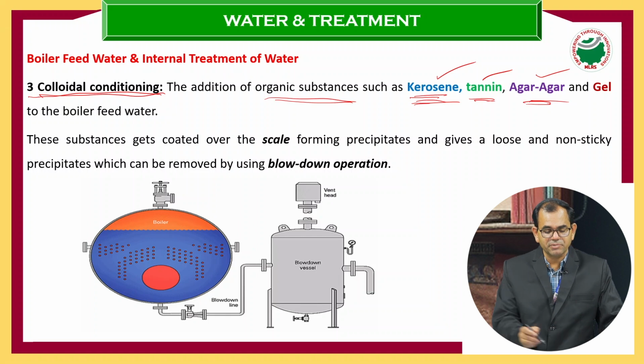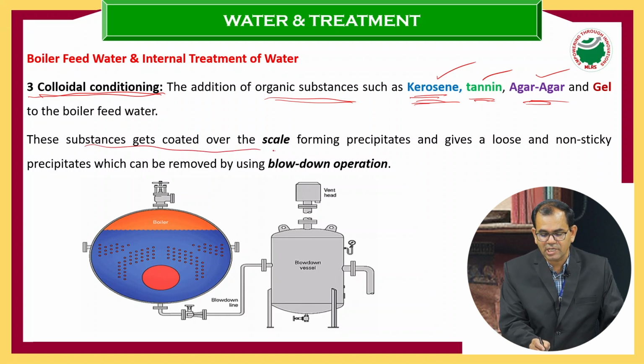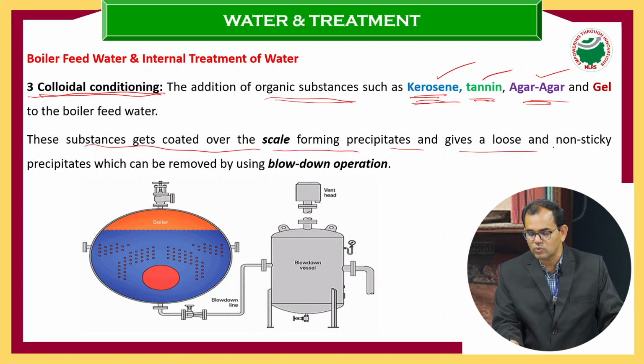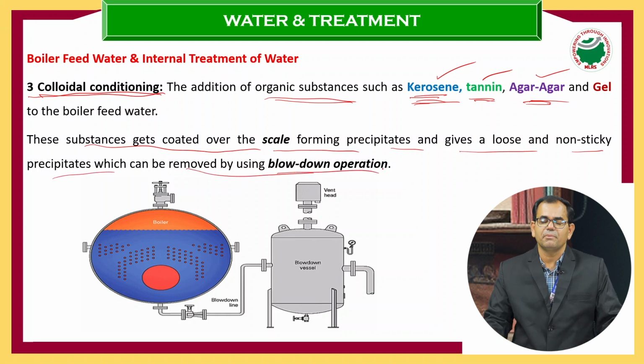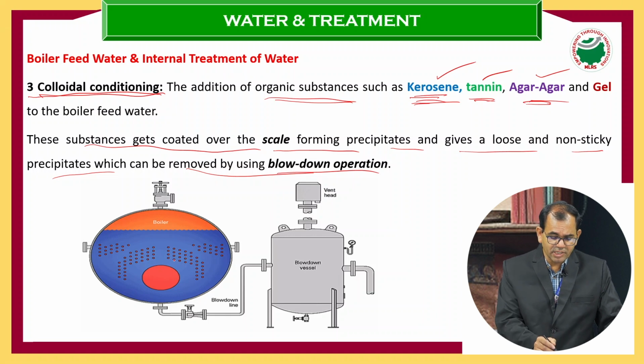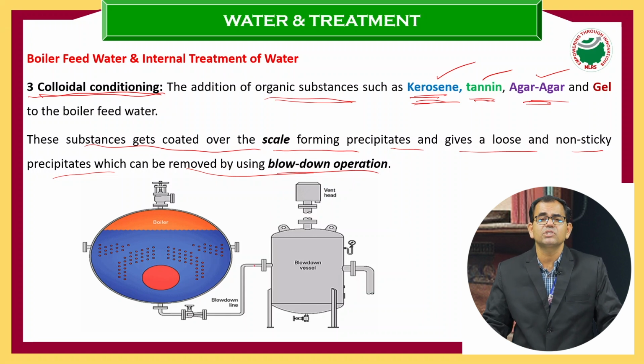So basically these substances get coated over the scale forming precipitate and give a loose and non-sticky precipitate which can be removed by the blowdown operation. As I told you, blowdown operation is, as we can see here, there is a steam generating chamber.